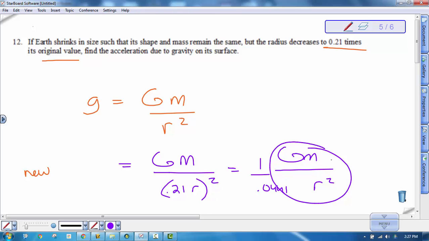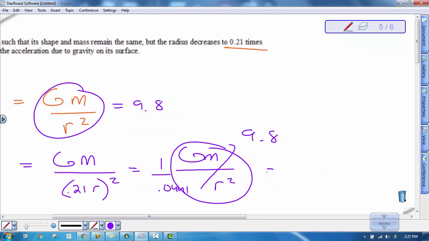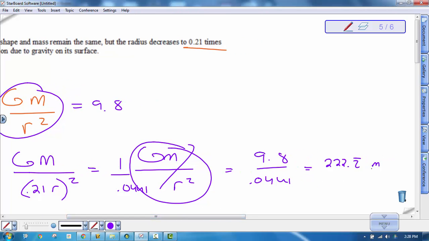And this right here is my original value, which we know is 9.8. So I need to take 9.8 and multiply by 1 over 0.0441, or take 9.8 and divide by 0.0441, which gives us our answer for our new gravity, which should be 222.2 repeating, and that's meters per second squared.